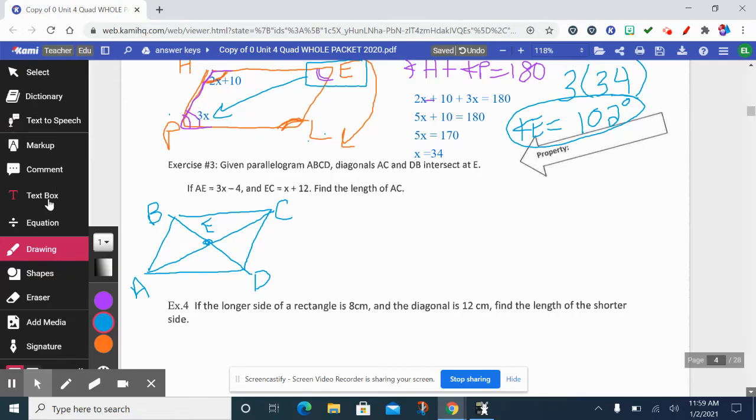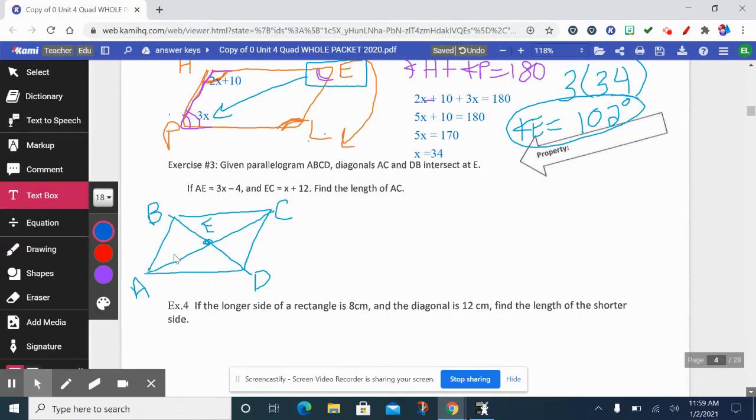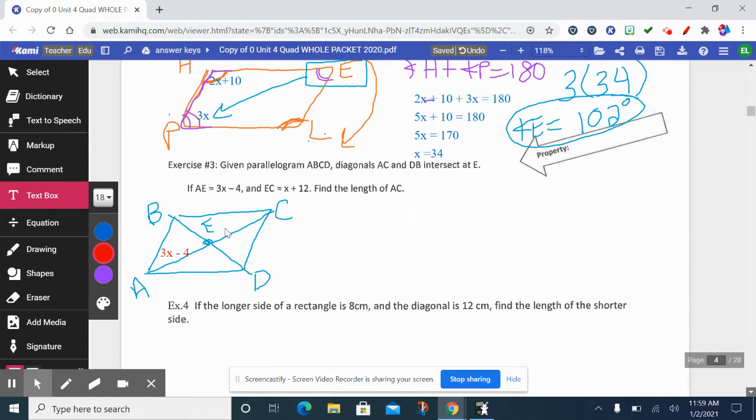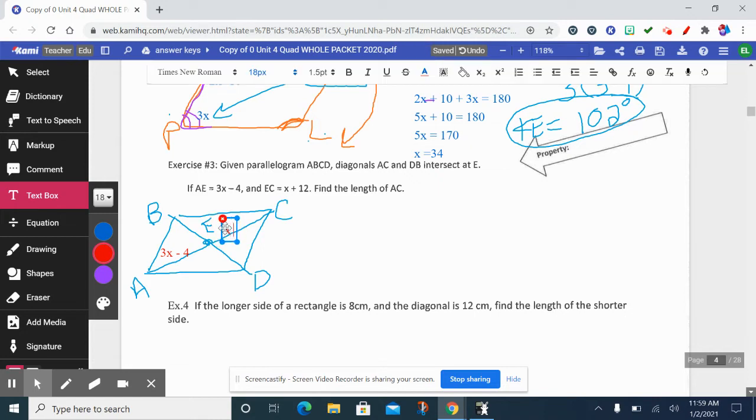If AE is 3x minus 4, so we're going to type here 3x minus 4, is one part on the diagonal, and EC is x plus 12, okay? AE and EC are 2 parts along the same diagonal.